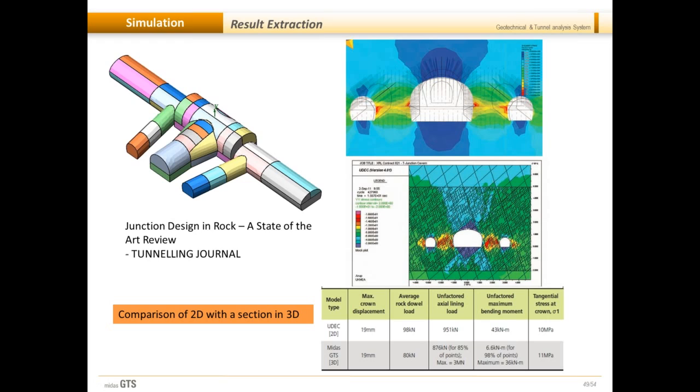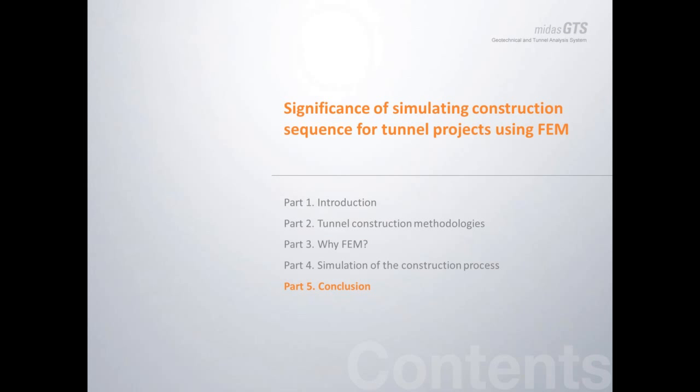So the out of plane forces are taken up by the neighboring members, and you can see the unfactored axial lining loads have been reduced, and the unfactored maximum bending moment has been reduced. So 98% of the points have much lower bending moment as compared to the maximum value which is obtained from a 2D analysis. So in this manner, engineers can optimize the design, and this results in huge savings.